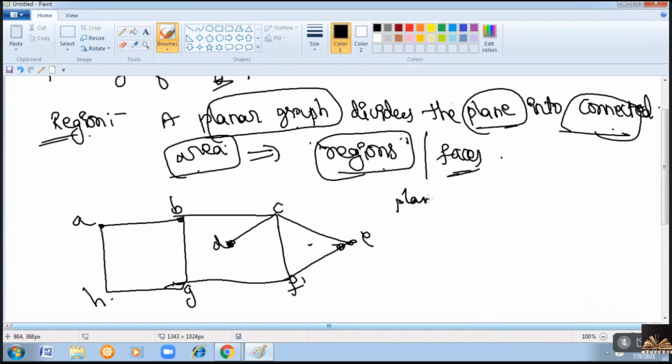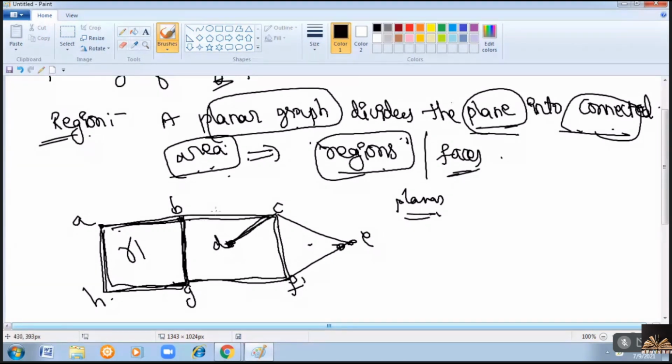So it is a planar graph. This planar graph divides the plane. This is your plane. It divides this plane into connected components. Right? What are the different connected components here? This is one connected component, right? I can call this a region. This connected component is a region. And this is one more connected component.